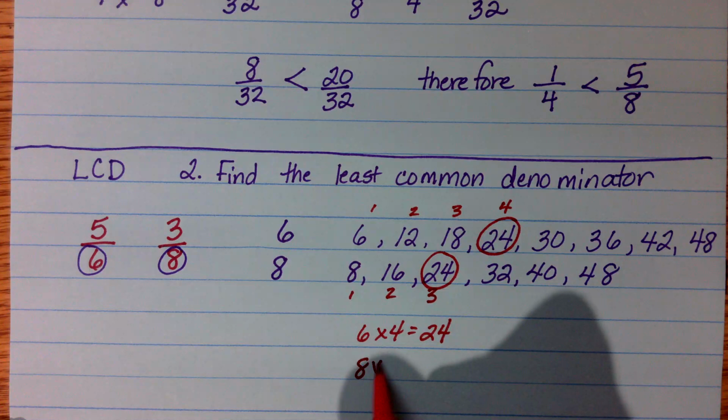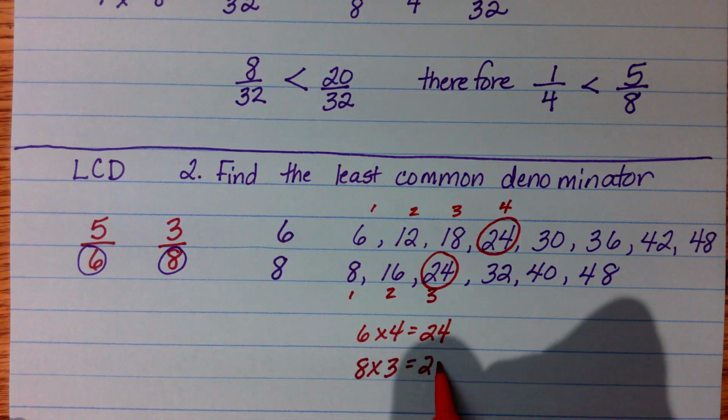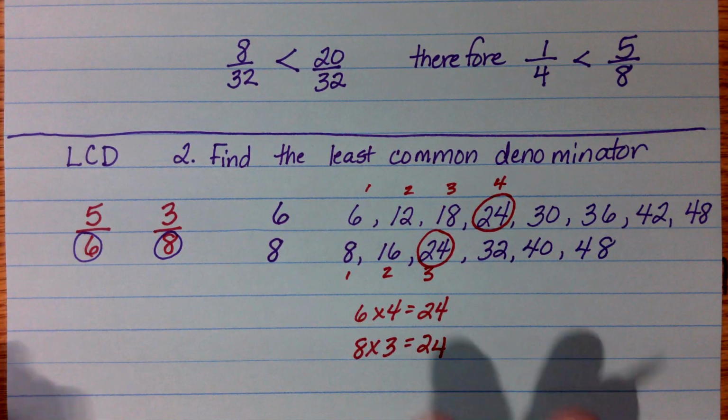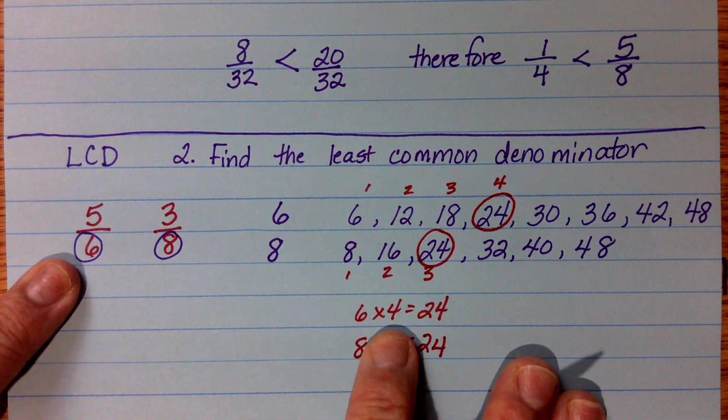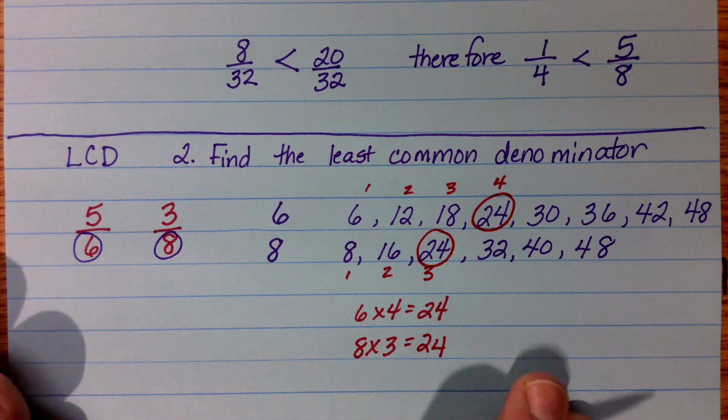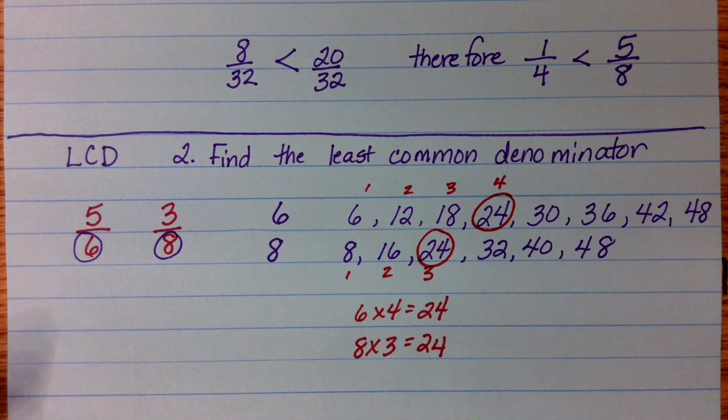So 8 times 3 equals 24. So to make our denominators 24, we have to multiply 6 times 4, and we have to multiply 8 times 3. Remember that whatever we do to the denominator, we have to do to the numerator.